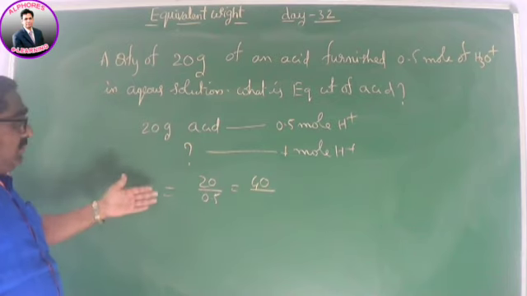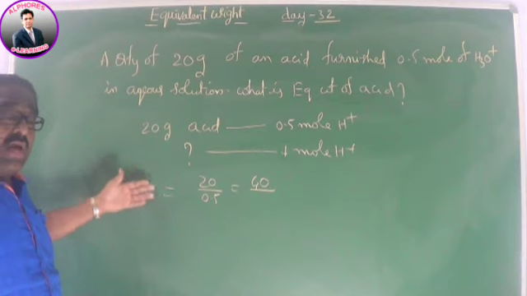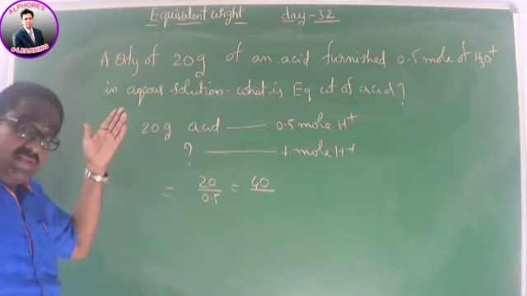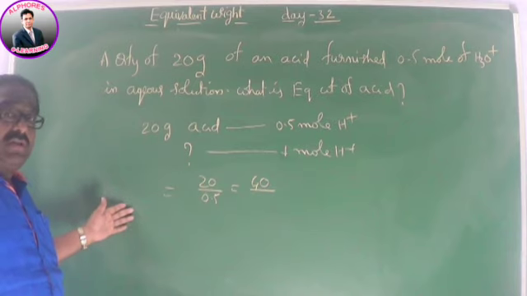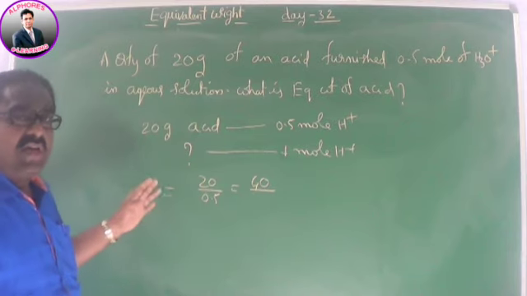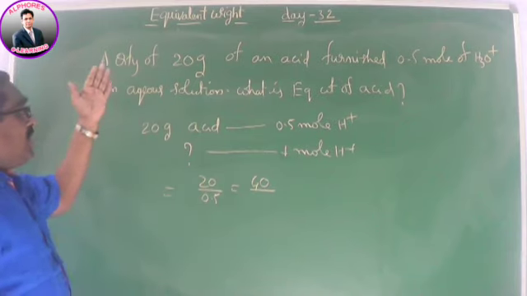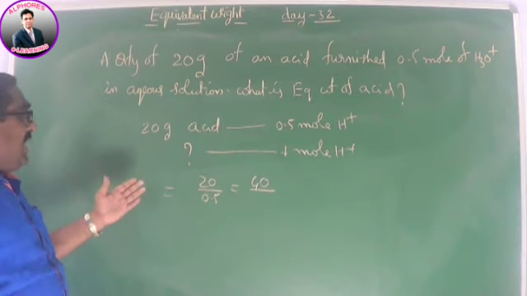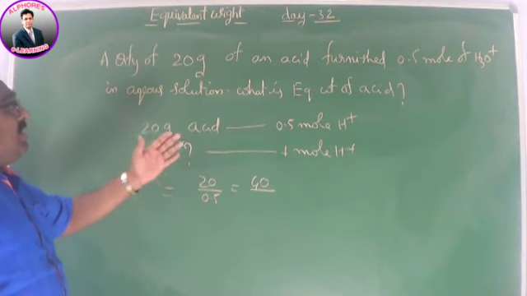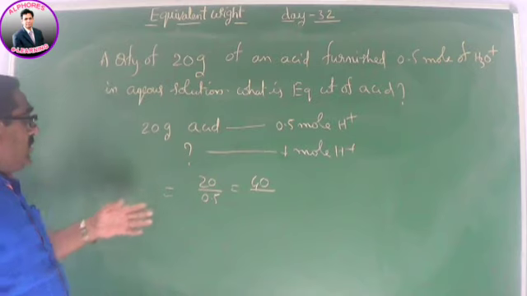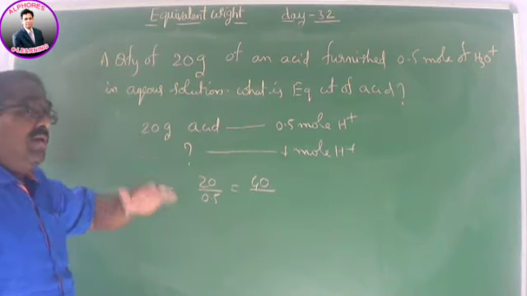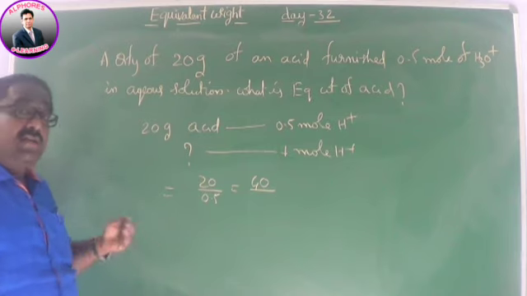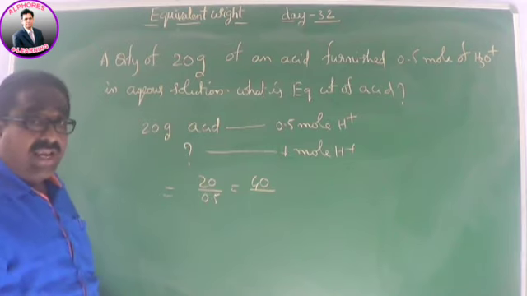This concept starts with the base concept of oxidation number. From that area up to the equivalent mass approaches, many approaches I taught you. So please revise all those things once again, and then you will get ease with this equivalent weight concept, so that you can very easily understand the coming concepts of this stoichiometry chapter.